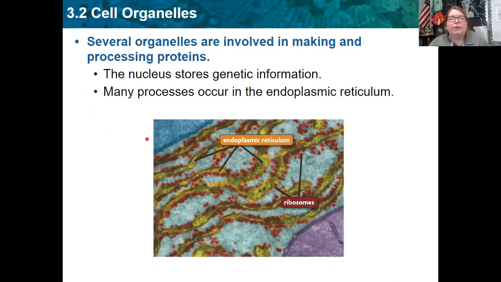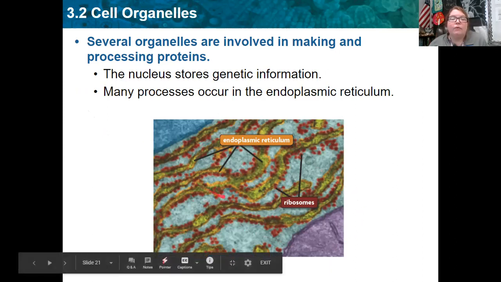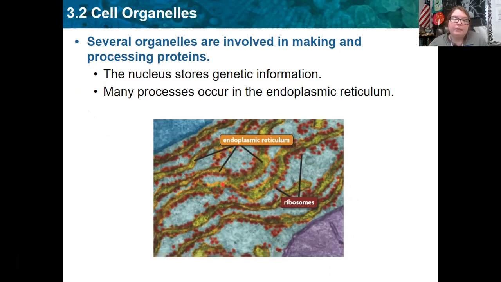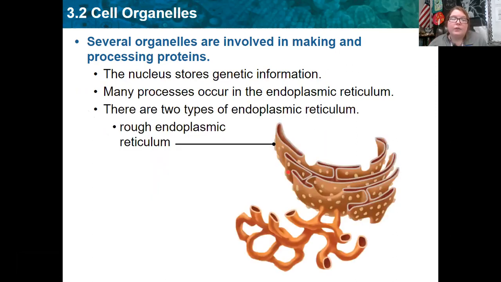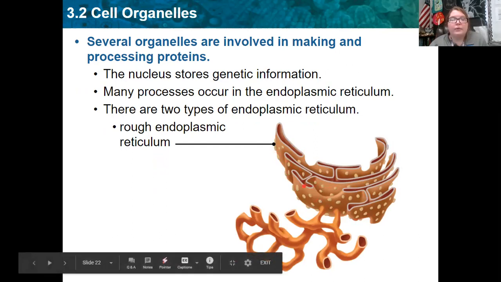Okay, so many processes occur in the endoplasmic reticulum. That is a big, nasty word. This is an actual photograph of one, which is pretty cool. All these little red guys are something called a ribosome, which we will talk about in just a second. There are two types of endoplasmic reticulum. There is a rough one. See, it's got all these little bumps over it, so it's rough.